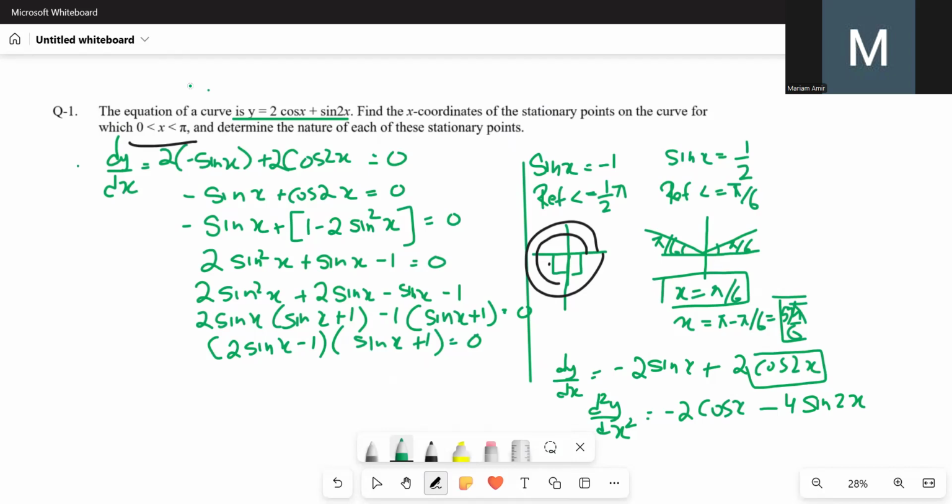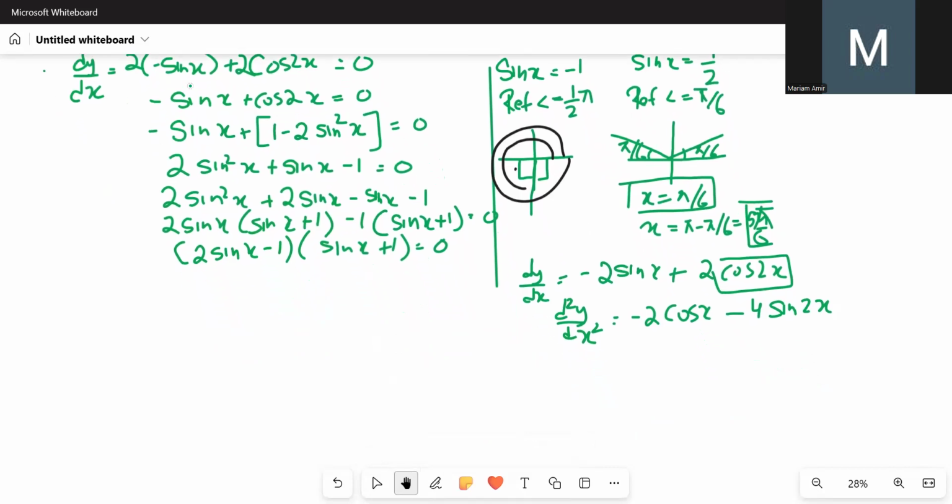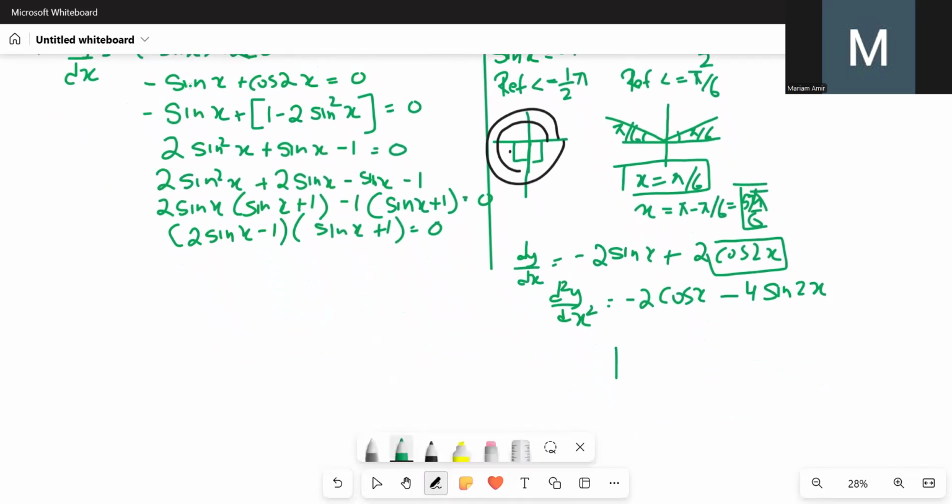We substitute the values of x and see whether we get a positive or a negative value, determining whether it's a minimum or maximum. So when x is equal to pi by 6, substituting in the second derivative, d squared y over dx squared equals negative 3 root 3, which is less than 0.